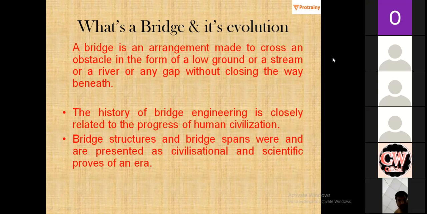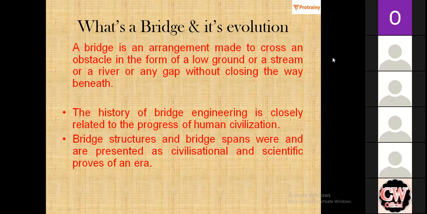Now, the history of bridge engineering is closely related to the progress of human civilization, right? And bridge engineering is the kind of engineering structure which our civilization had to overcome first. Then come bridge structures, and bridge spans were and are presented as civilizational and scientific proofs of an era.